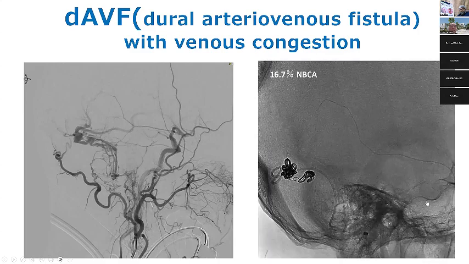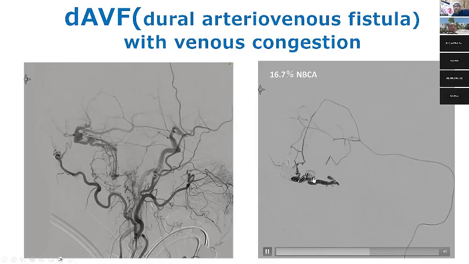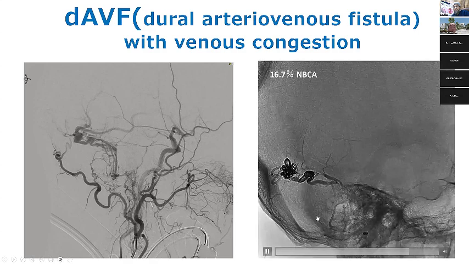We advanced a microcatheter into the middle meningeal artery and injected NBCA glue into the AV shunt site, penetrating the shunt and occluding the sinus and arteriovenous shunt, and many feeding arteries were occluded backward. So we can treat this case.